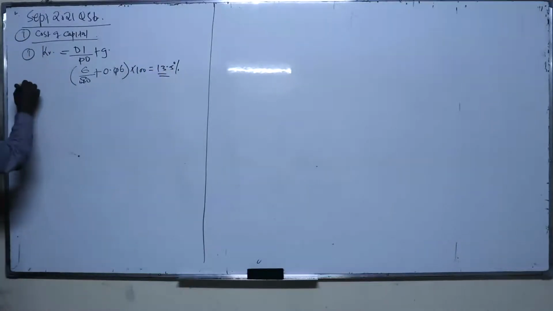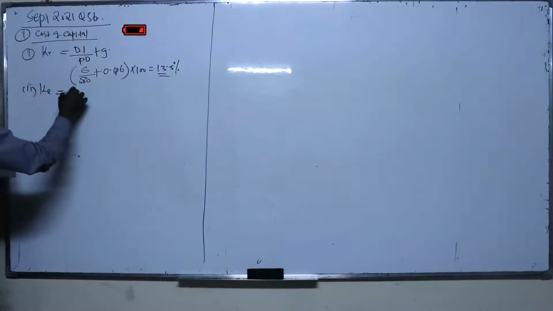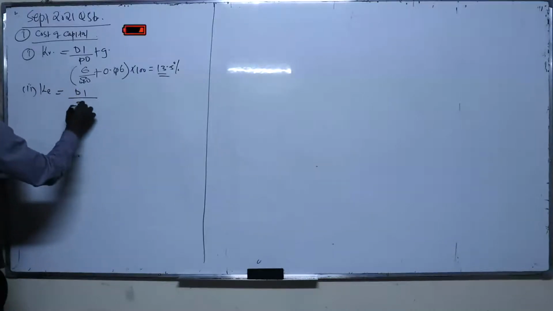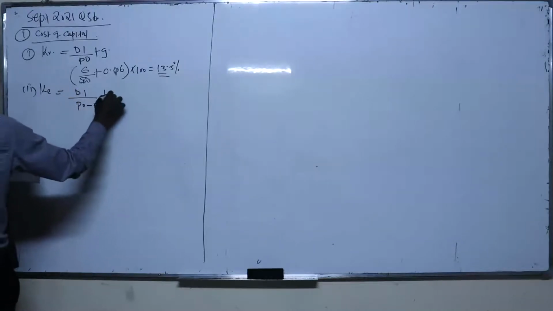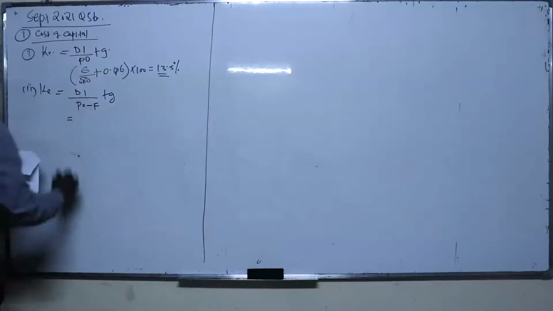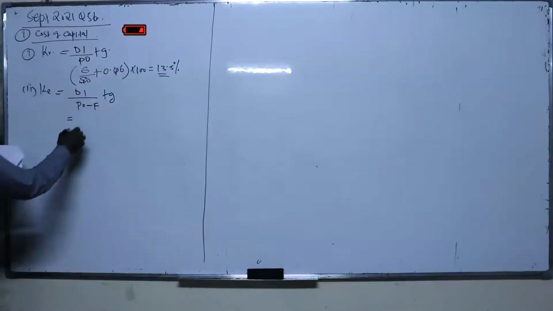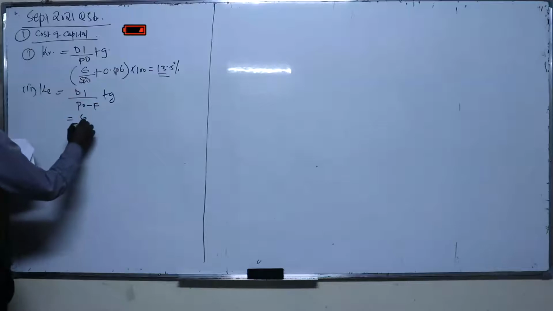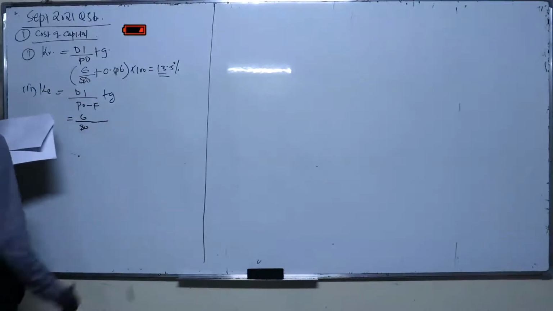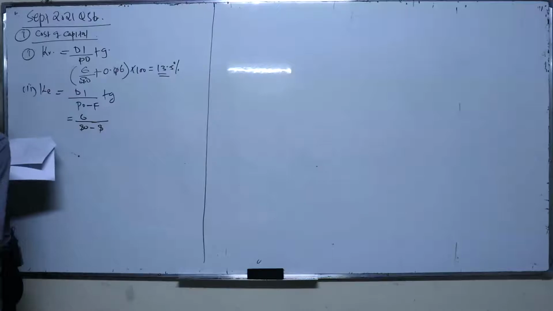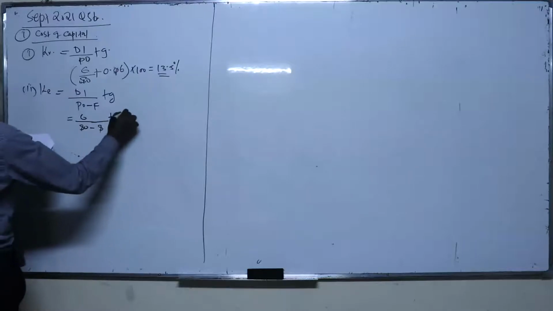And then the next one is cost of equity, KE. So it is D1 over P0 minus F, plus G. D1 is 6 over 80. What is the flotation cost? 8 shillings per share, plus 0.06.